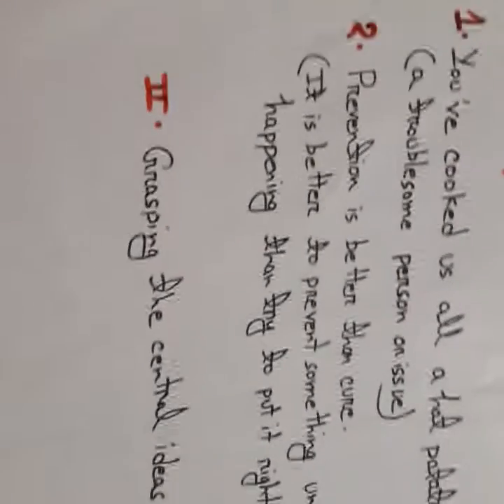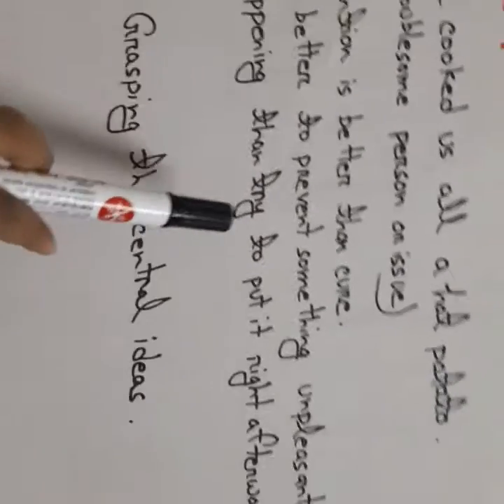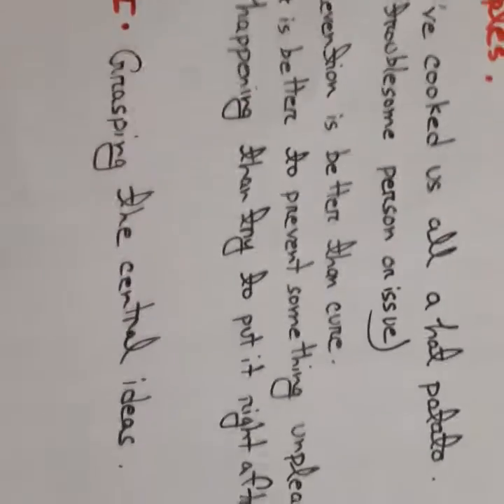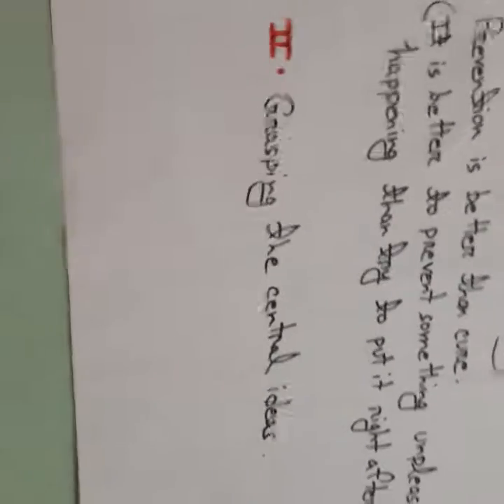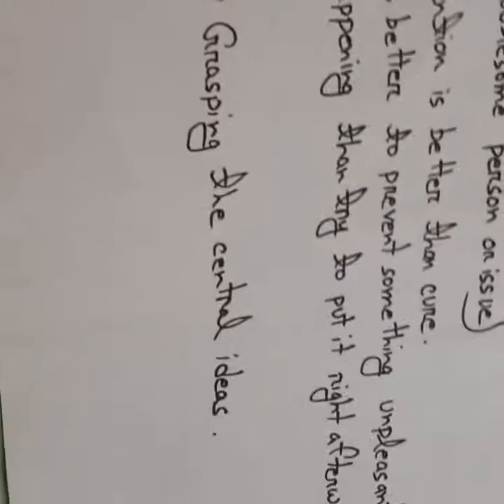Here you can paraphrase it: it is better to prevent something unpleasant from happening than to try to put it right afterwards. Then you can grasp the central ideas. Of course, you have to identify the central idea, and based on that, you write your summary.